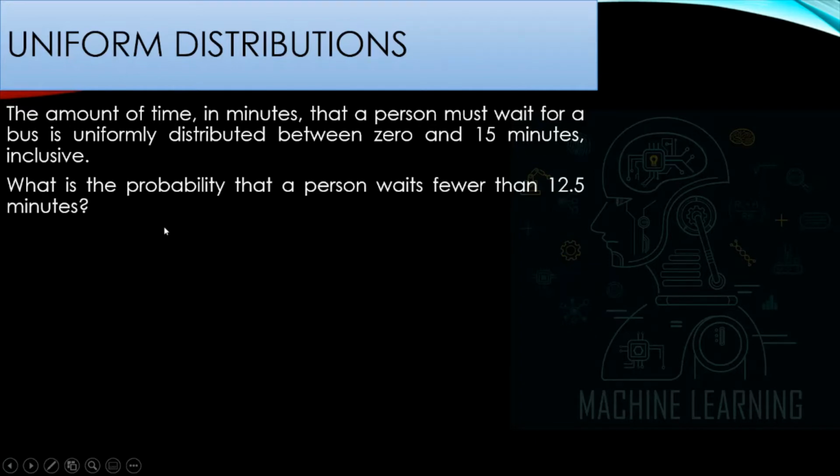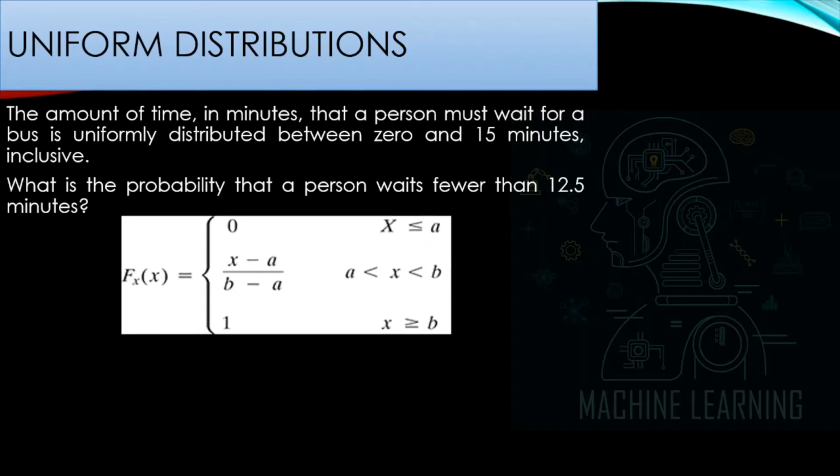The question asked is, what is the probability that a person waits fewer than 12.5 minutes? This is the kind of question that involves the cumulative distribution function of uniform distributions, which is given by this formula. Now the value of our x variable in this case is going to be equal to 12.5.